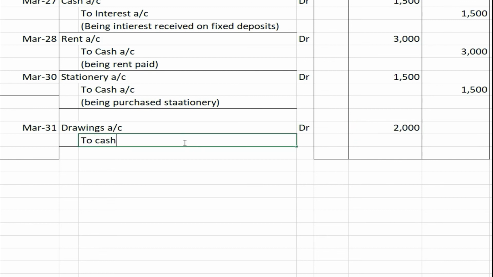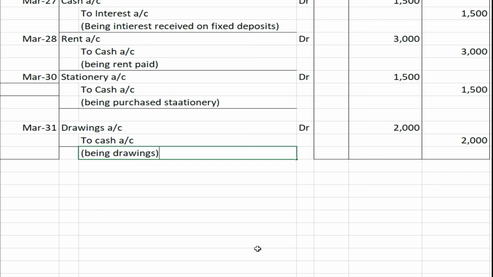So drawings account is debit with amount 2000 to cash account directly in the credit column 2000. Narration being drawings, bracket close and underline.